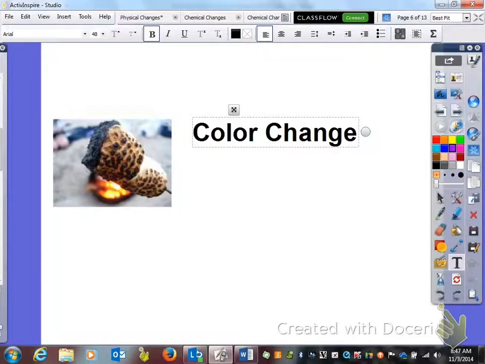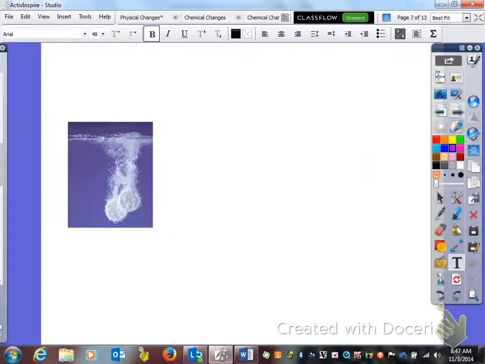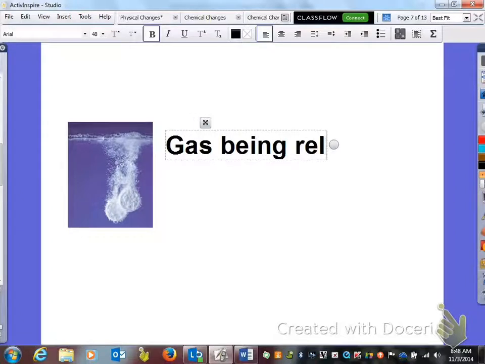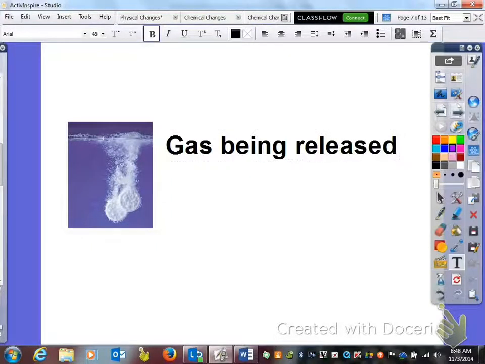You went from that nice pretty white marshmallow to the toasted marshmallow that has brown crust on the outside. Now this is putting an Alka-Seltzer in water, and this one is gas being released. When it hits that water it has carbon dioxide in it, and it's giving off gas.